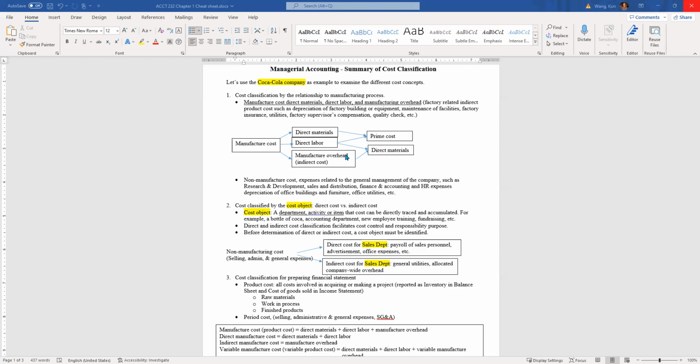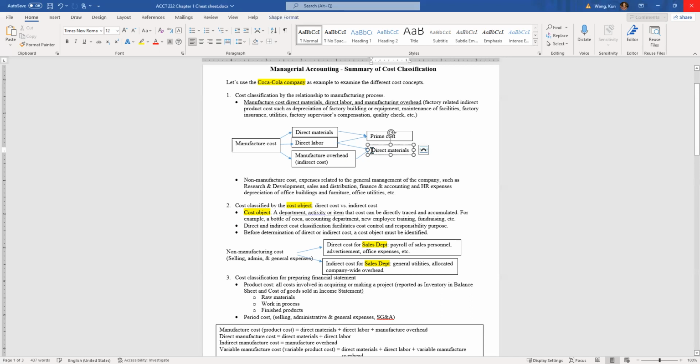Then you combine the direct labor and the manufacture overhead, and I have a typo here, it should be conversion cost. By the name, conversion means the labor plus overhead help the company convert the raw material into the final products. So those are two supplementary concepts related to the manufacture cost categories.